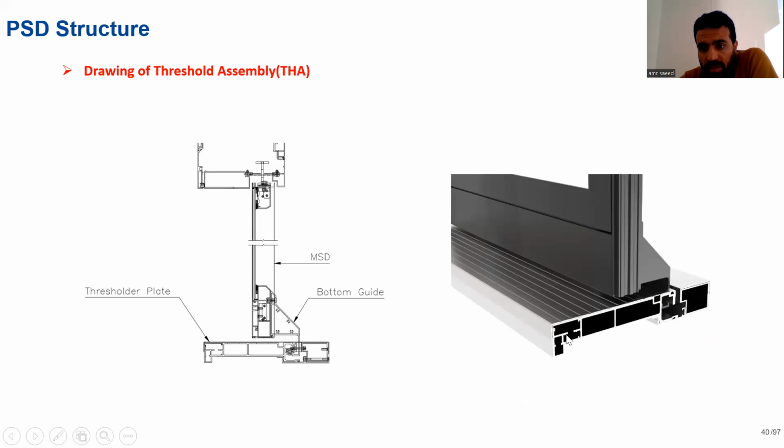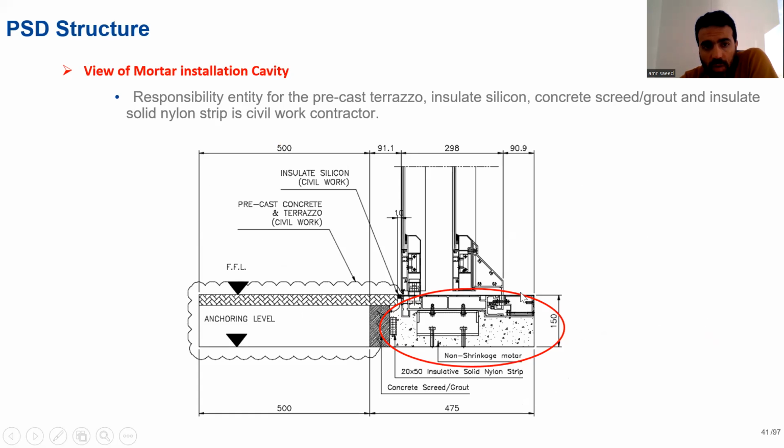As you can see here, this threshold and this button guide to fix the door. You can see here in more detail the installation and the fixing of the door with threshold with the concrete.